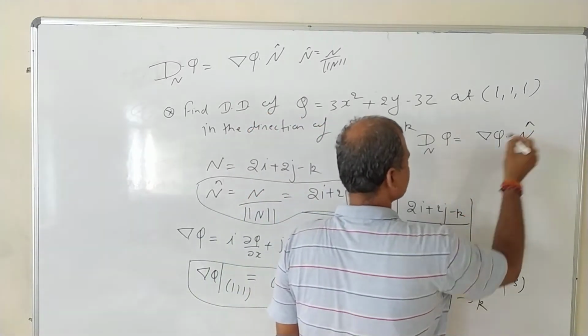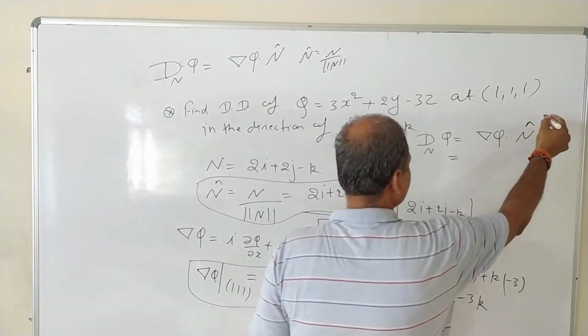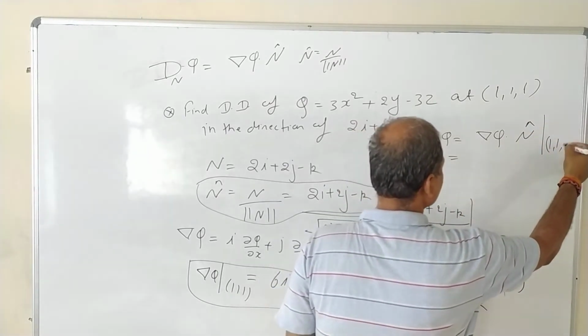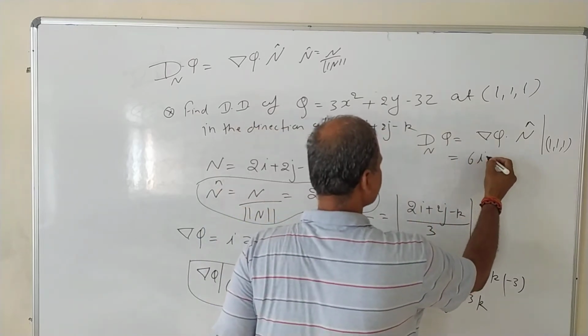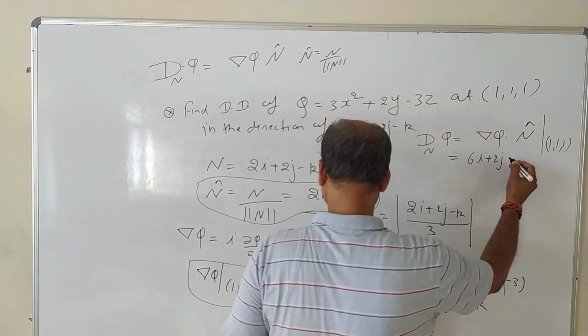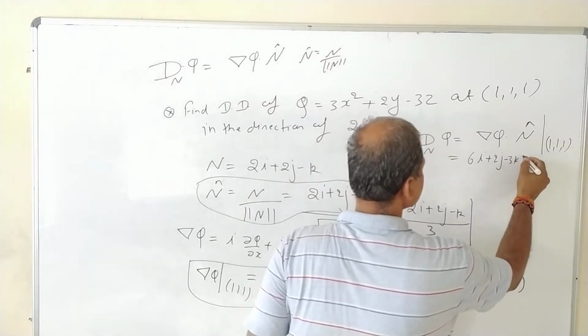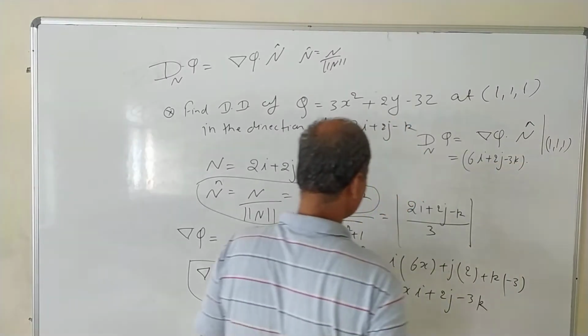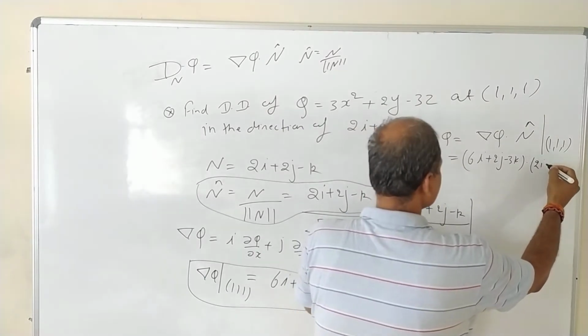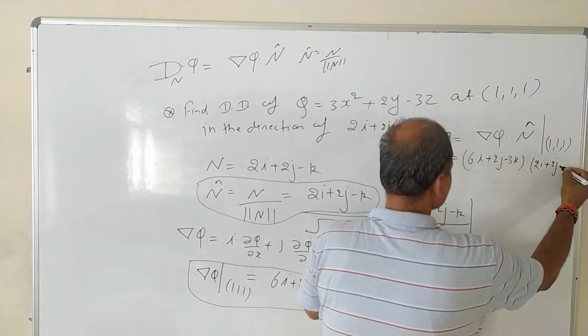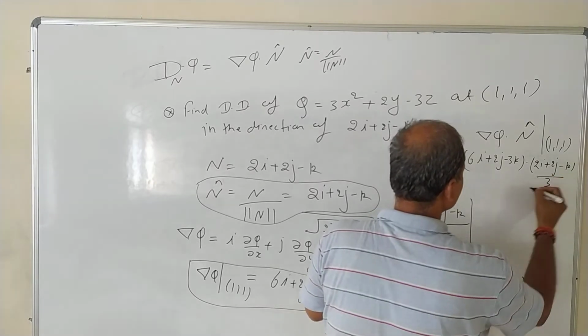At the point (1, 1, 1), gradient of phi is 6i plus 2j minus 3k dot n cap, and n cap is (2i plus 2j minus k) divided by 3.